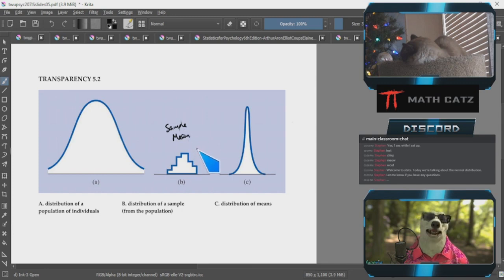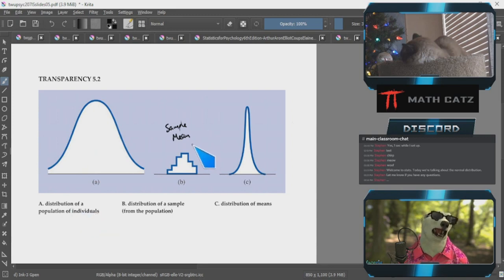However, there's a slight adjustment that we have to make. Previously, if my sample consists of just one individual, then the comparison distribution is the same, the distribution of the population of individuals.